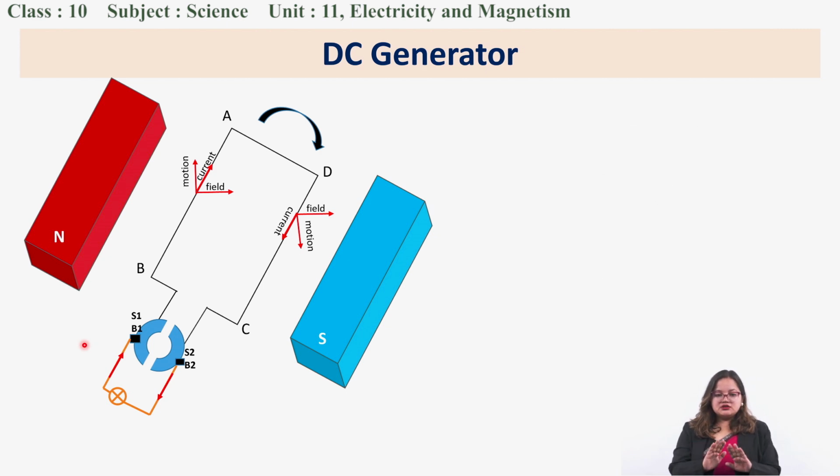Okay, so till here it is quite similar. Besides a very major difference, we are using split rings here in place of slip rings, okay, or let's say commutators in the DC generator are very important instead of slip rings as in the AC generator. Now let's see what happens if the rotation continues, and let's see what happens in the second turn.